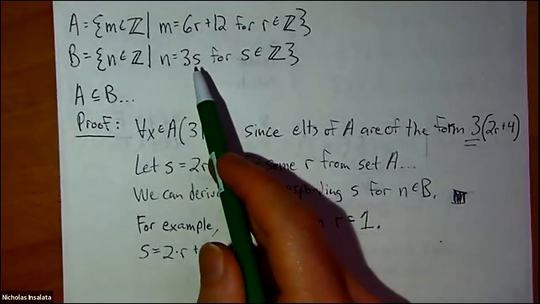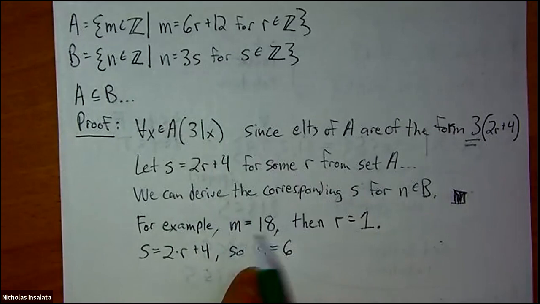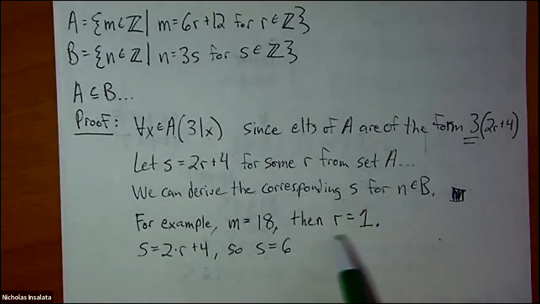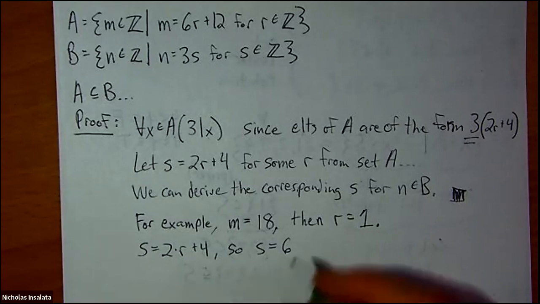If s is 6, then we'll still get out that 18, which is going to give us the appropriate value for n in our set B. Does that make sense to people? Y'all happy with that? That's just one example, but the algebra will work no matter what the value of r is going to be, as long as it's an integer. Can't put decimals in there.